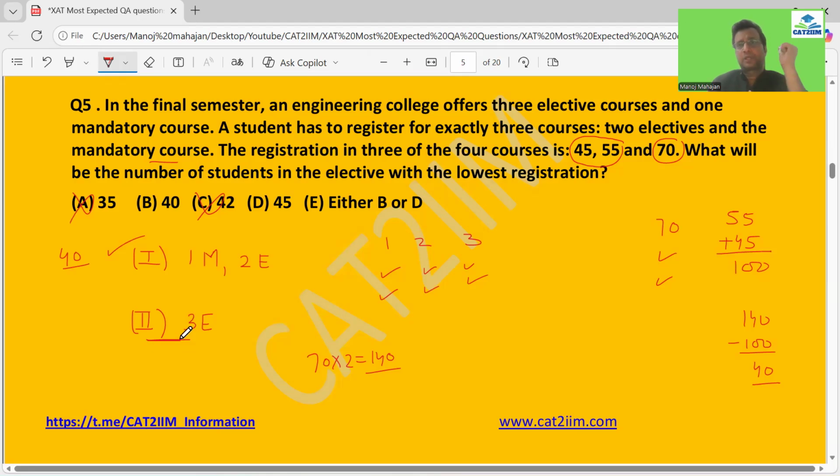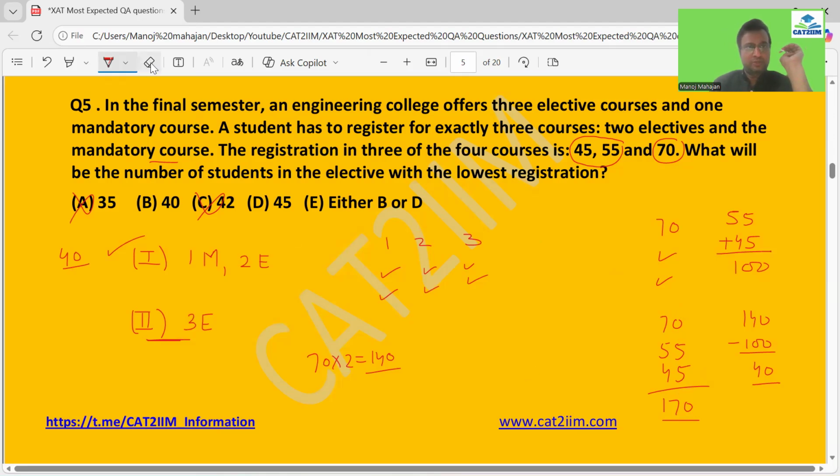How many are there? So let's say these numbers are all three elective. So let me add the data first out here. So when you add this, you get what? 170, right? Now, these are 170 registrations for the three electives, and every student is going to pick up two electives.